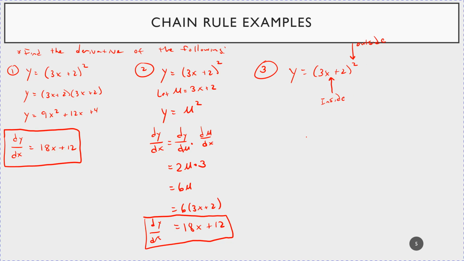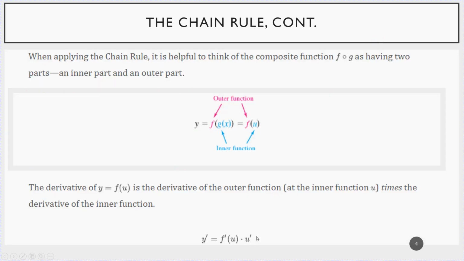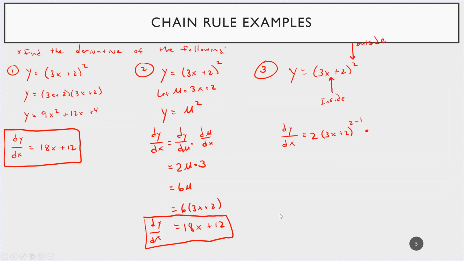I like to say, take the derivative of the outside. So dy/dx is equal to the derivative of the outside, which is the square, so you just apply the power rule. You bring the 2 down in front, leave the inside alone, and the 2 becomes 2 minus 1, times the derivative of the inside. Now look at the inside.